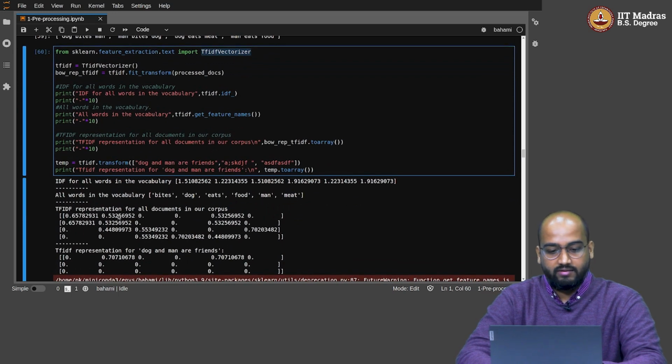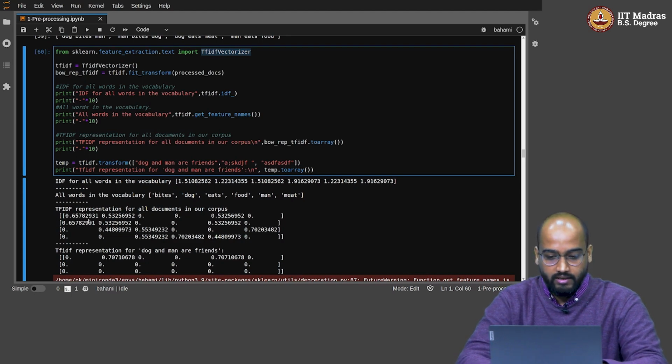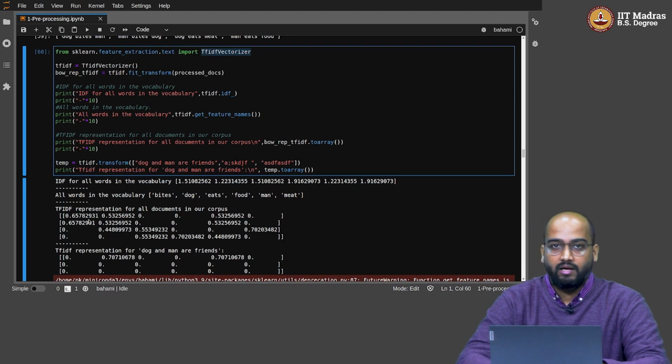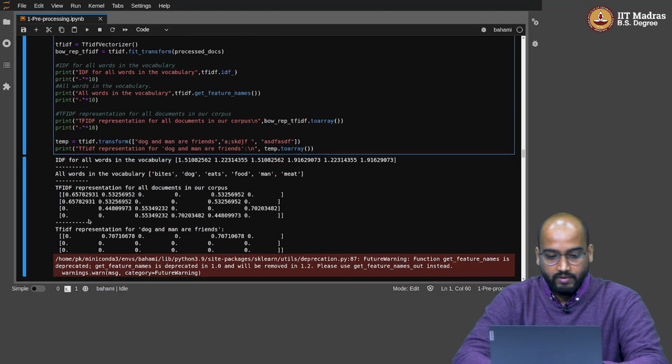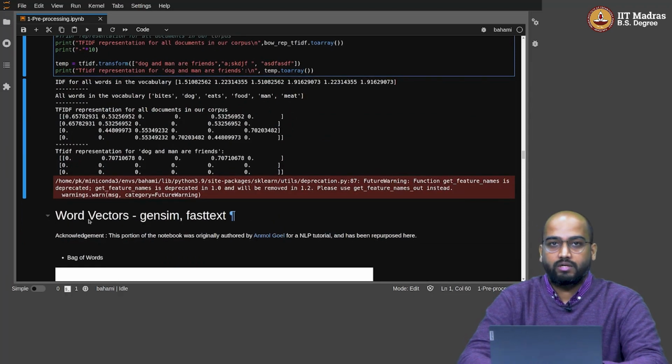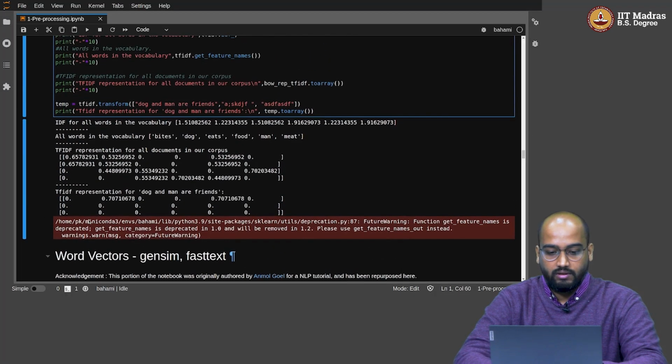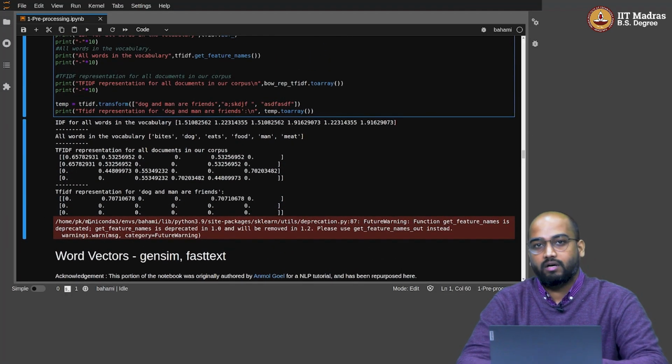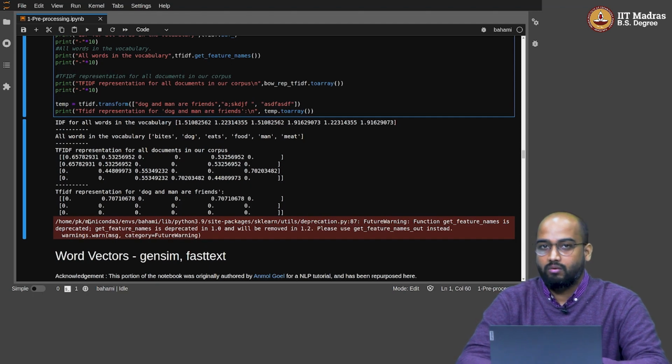You can see that it is not always 0 or 1 or a count. It's a float, and it captures a lot more information that bag of words is not able to. And it has been shown that approaches like TF-IDF work a bit better than simple word count or bag of words based.